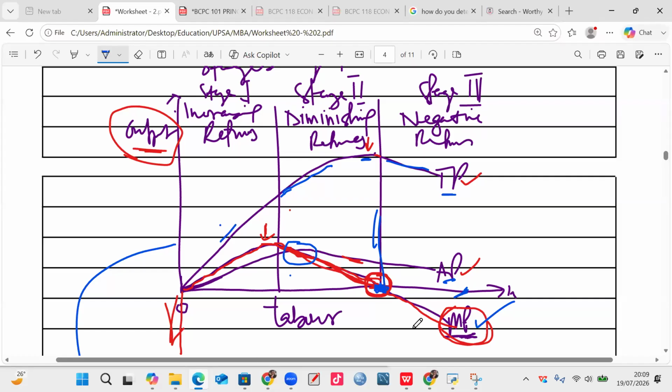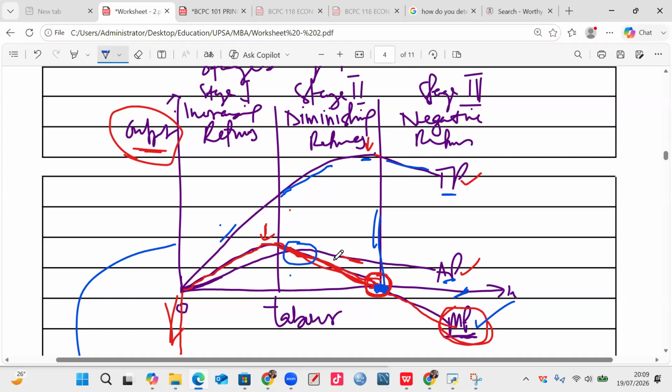So I'm going to say it again, last one. Stage 1, increasing returns. In the first stage, all the 3 curves, total product, AP, and MP, increase. But MP reaches maximum and begins to fall. In the second stage, total product, the TP, continues to increase, reaches maximum, and begins to fall.